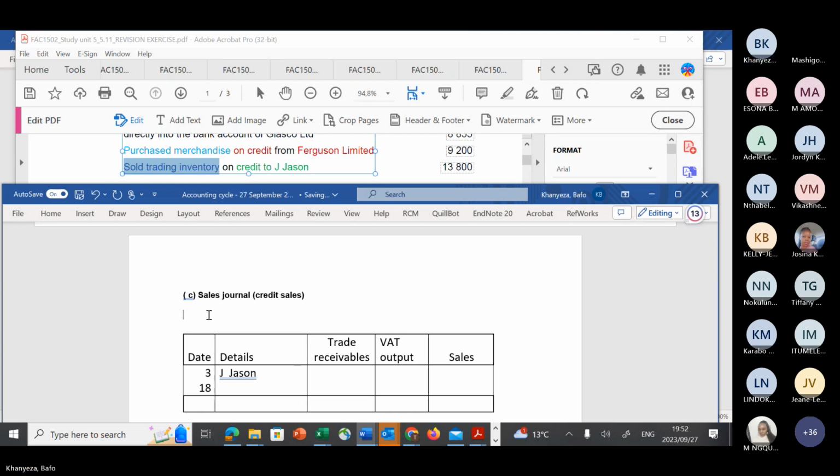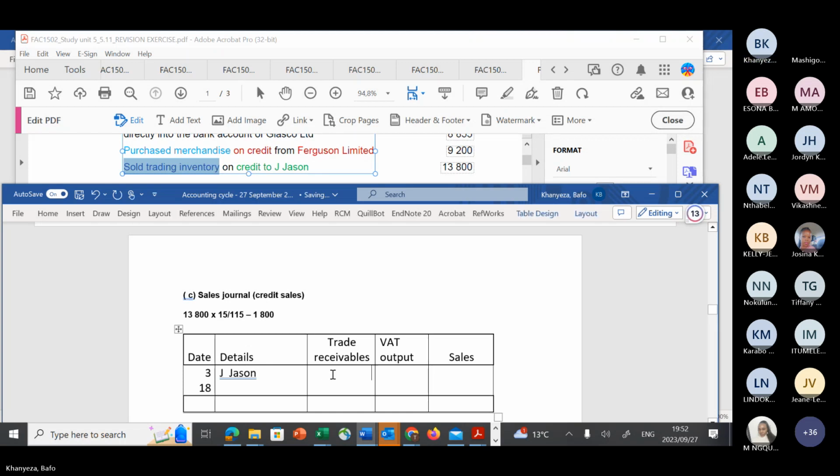It's 13,800. So it's 13,800 times 15 over 115. That's going to give us the VAT of 1,800.